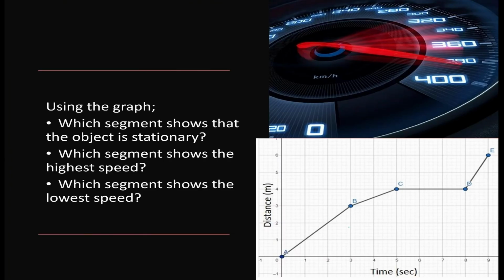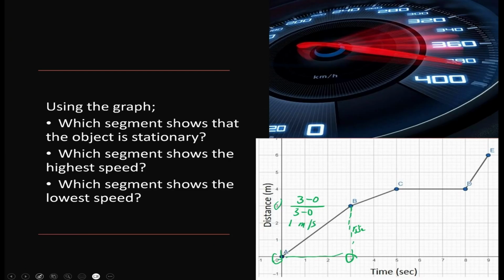For example, here, can you calculate the speed in segment AB? Of course, yes. Look at this, rise over run. The rise is from 0 to 3, and the run is from 0 to 3. So it is 3 minus 0 over 3 minus 0. So the speed here equals 1 meter per second.